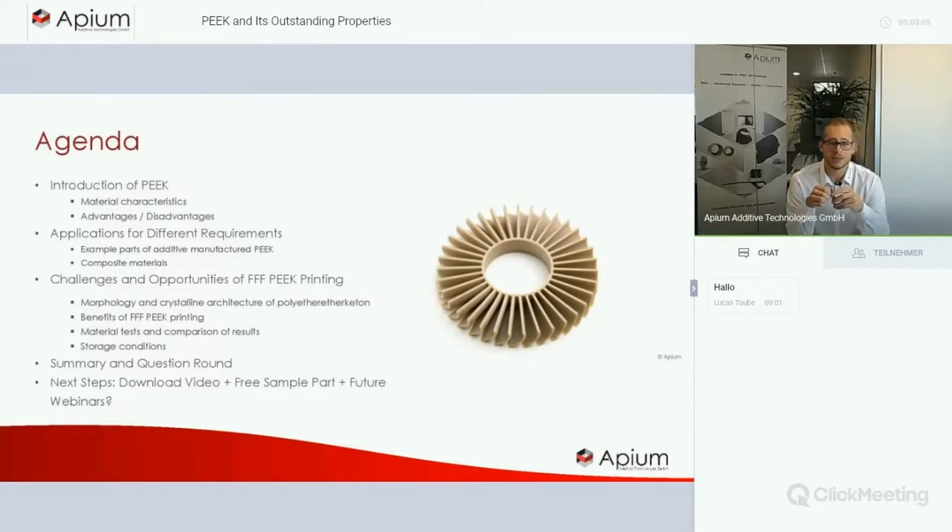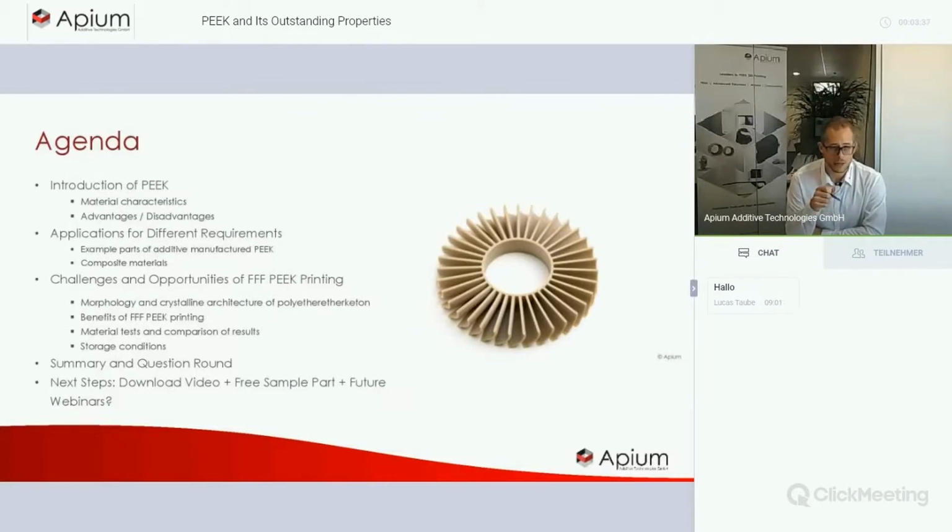And there are some things one has to keep in mind when it comes to work with this kind of polymer or thermoplastic. And I want to hint and highlight some of the necessary considerations one has to take when it comes to work with this polymer. Therefore, I will be talking about the morphology and crystalline architecture of the polymer to get an understanding what it will be.